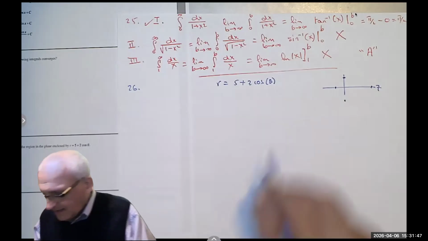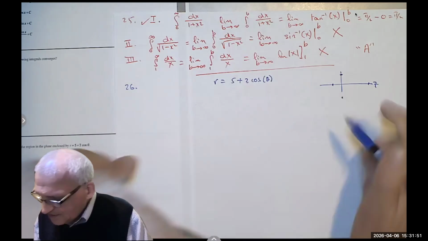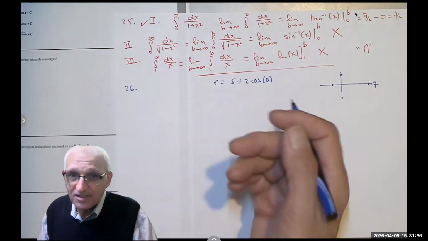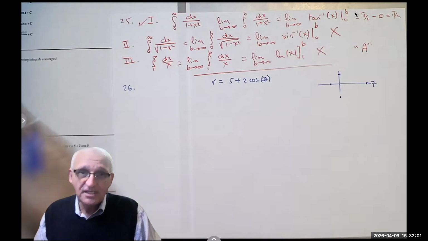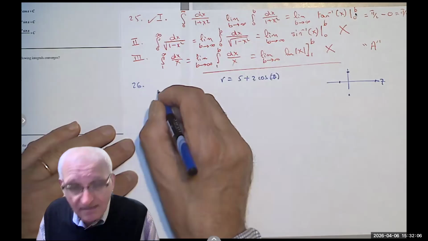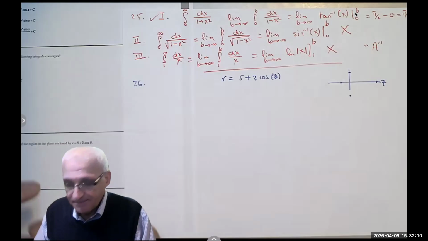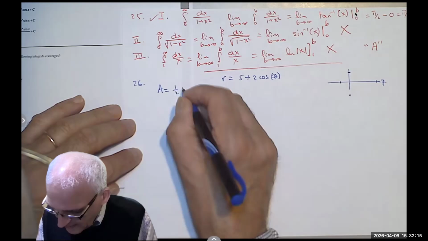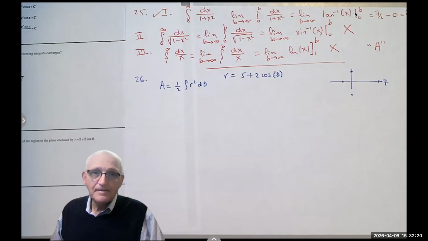In fact, since this is cosine of theta, the idea is that you go from 0 to pi to 2 pi. Because sometimes if that was 2 theta, for example, you need to make sure you are integrating to pi only. So basically, in polar coordinates, we say the area is 1/2 the integral of r squared d theta, right?